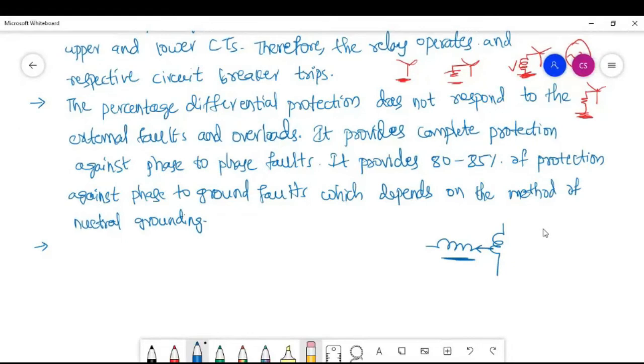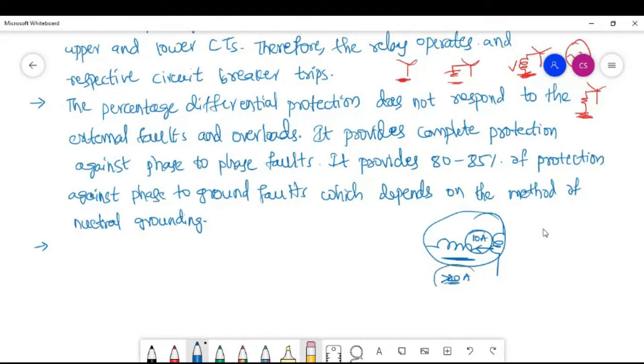For example, taking 10 amperes: if 10 amperes of current is flowing under normal conditions in the operating coil, the relay should not operate. So we provide a setting that the current should be greater than 10 amperes or greater than 20 amperes, and only then will the relay operate.